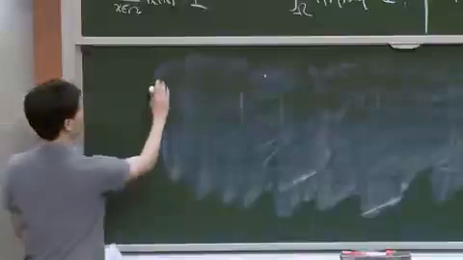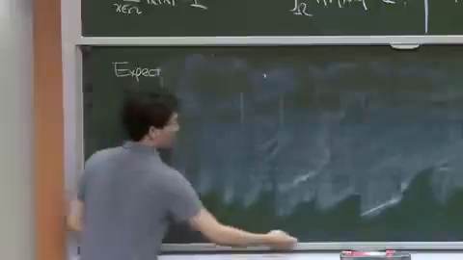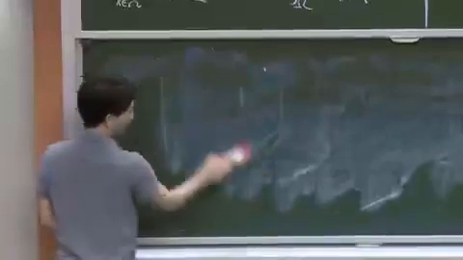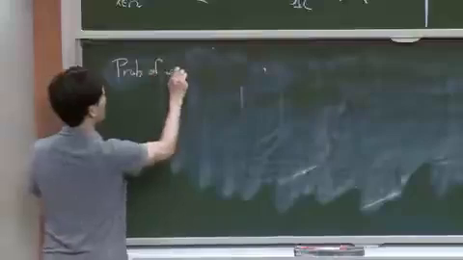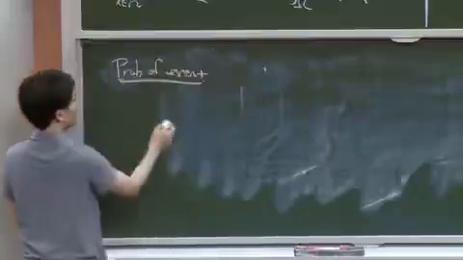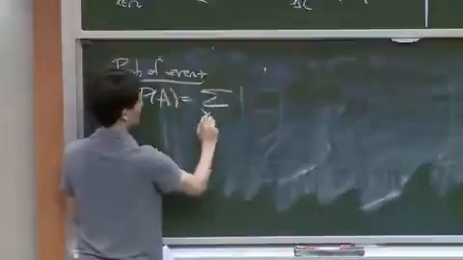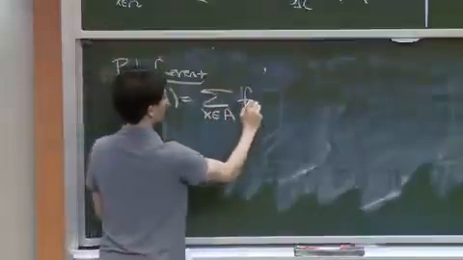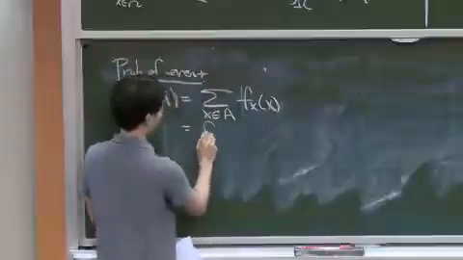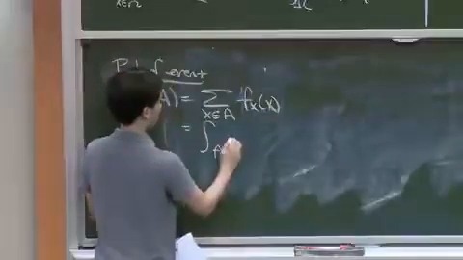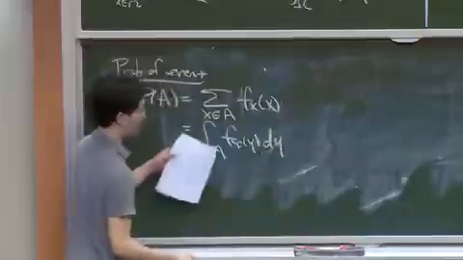Okay, then a few more stuff. Expectation. Probability first. Probability of an event A can be computed as probability of A is equal to either the sum of all points in A of this probability mass function, or the integral over the set A, depending on what we're using.